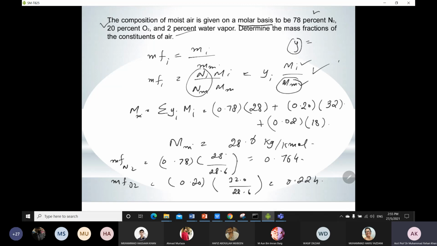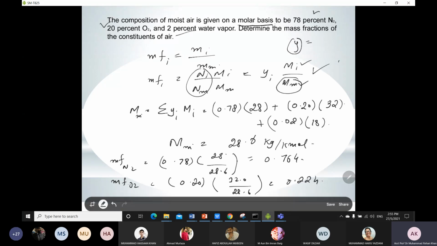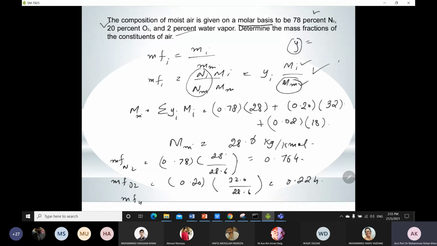In the similar procedure, you can easily find the mass fraction of H2O. You simply multiply 0.02 by the molar mass of H2O, which is 18, and divide by the molar mass of air, which is 28.6, and you will get 0.013 for the mass fraction of H2O.